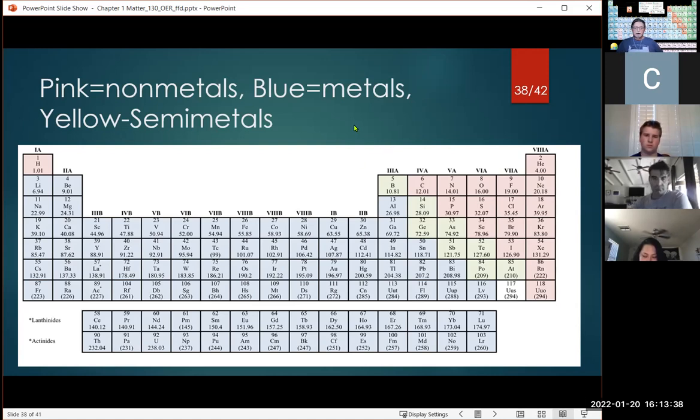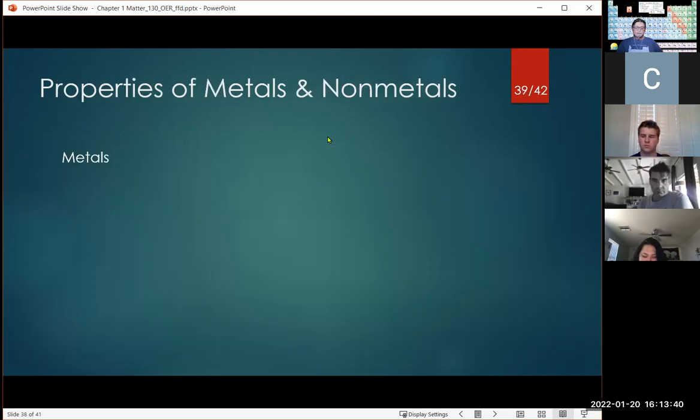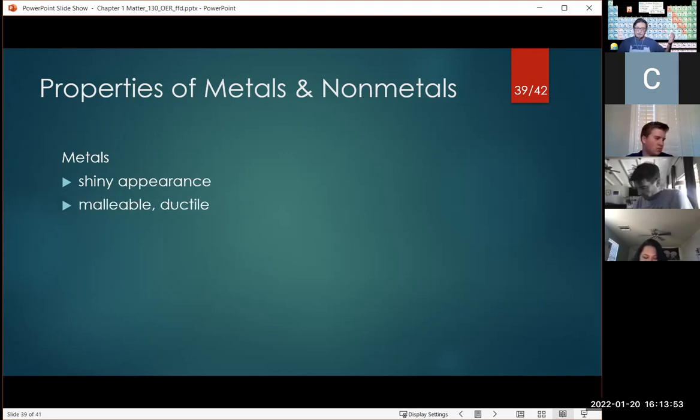All right, a couple more slides and we'll be done with this chapter. Metals, some of the properties of them: they're shiny material. Metals tend to be malleable, you can smash them, spread them out. All metals tend to be solids except mercury. Mercury is the only liquid metal.